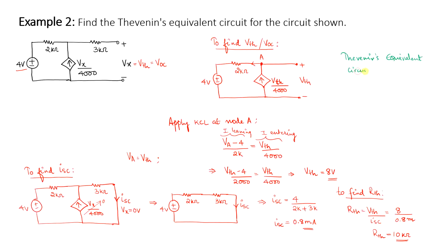When you draw the Thevenin equivalent circuit, this is going to be a series combination of V Thevenin and R Thevenin. Since this was already open circuited, we didn't have any load resistance, so you have to keep it as open circuit itself, but specify the value. V Thevenin was 8 volt, R Thevenin is 10 kilo ohms.